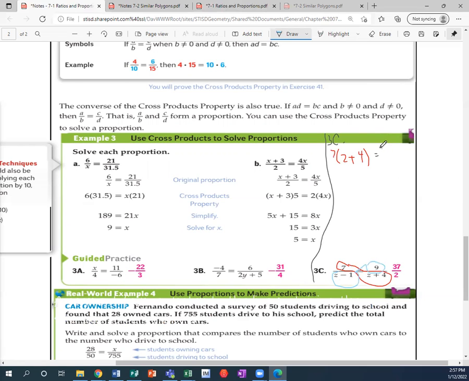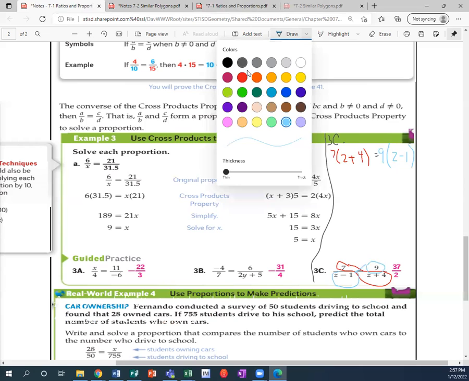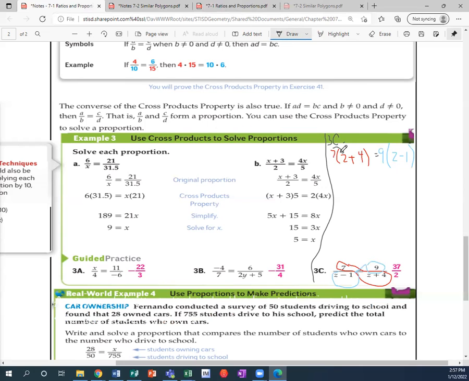I think some people might have been taught it as like a little butterfly or something, but the proper name for it is cross product, because you're multiplying, and you're going across the equal sign and making like an X. All right, I'm going to do some distribution.